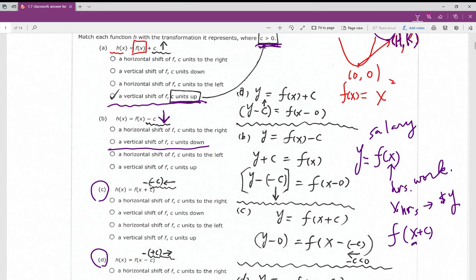So for example, if c equals 2, it means if you work for x hours, your boss considers you worked for x plus 2 hours, so you earn more than you worked, right?